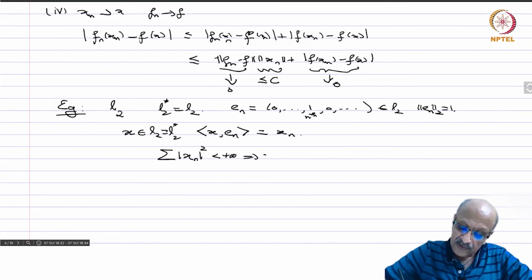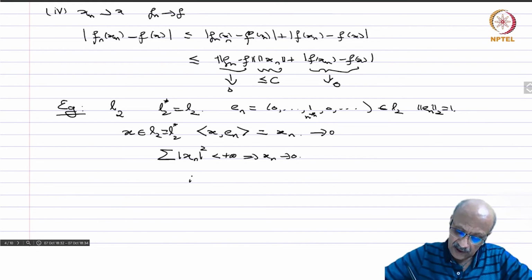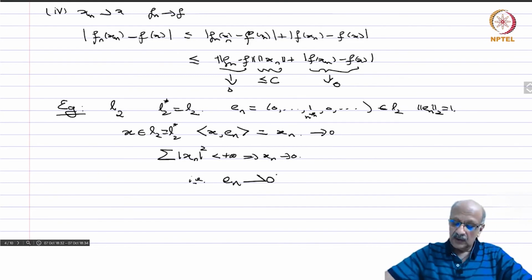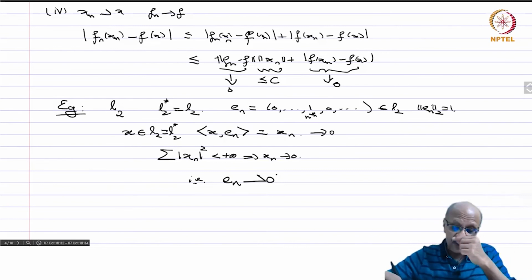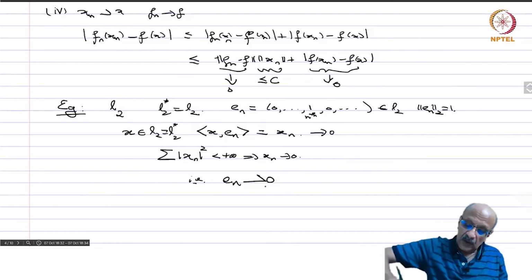So this implies that xn goes to 0. Therefore x En goes to 0 for every x in L2, which is the dual space, and therefore you have that En converges weakly to 0. If for every linear functional x En goes to 0, then En converges weakly to 0.